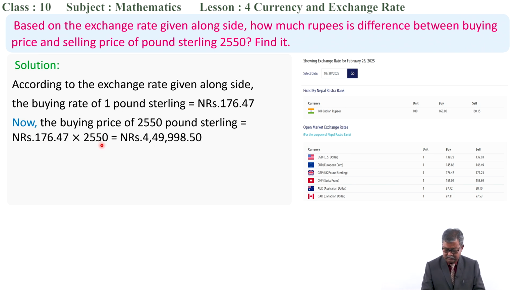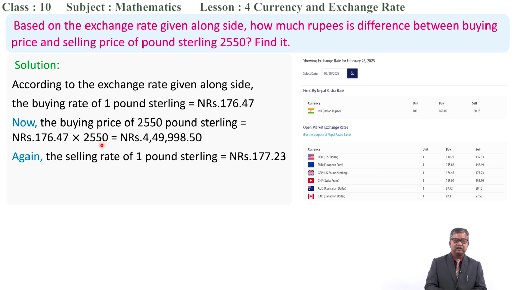So what is the selling rate? The selling rate of 1 pound sterling of that day is Nepalese rupees 177.23. It means 177 rupees 23 paisa. Then 2,550 pound sterling, how much? Then what will we do now? Yes, we have to multiply 177.23 by 2,550.